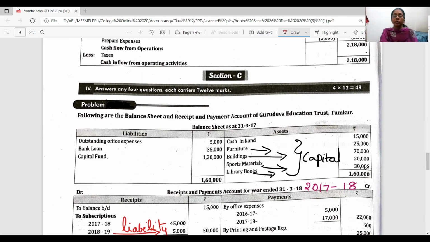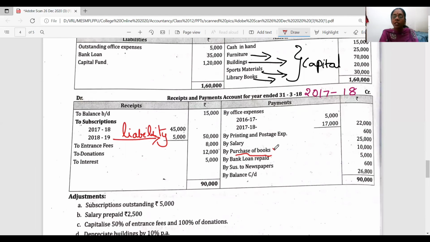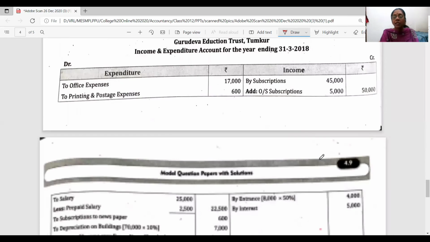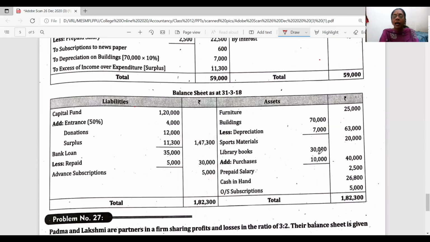Last year it was 30,000. And this year, how much has been purchased freshly? So you just have to add back these purchases of the books and you arrive at 40,000. And if there is any kind of sale, you have to subtract it. Depreciation has to be subtracted. Sale on the asset has to be subtracted. Purchase has to be added.